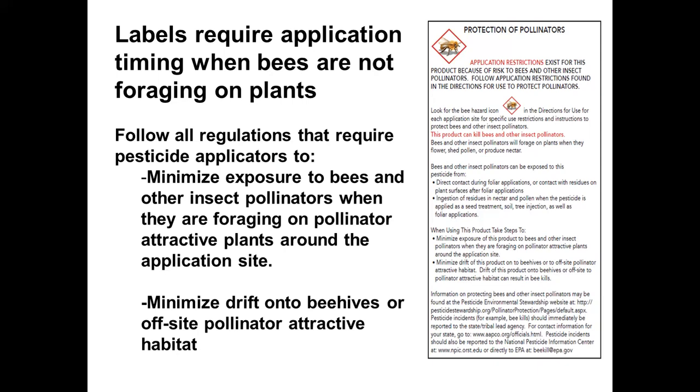We could go into a whole side thing about that, but basically I'm bringing it back to the labels of products now, which require pesticide applicators to take into account what the bee exposure is going to be in this situation, and not to let the stuff drift onto beehives if it's a spray. Or for our systemic applications, are there flowers around the base of a tree?